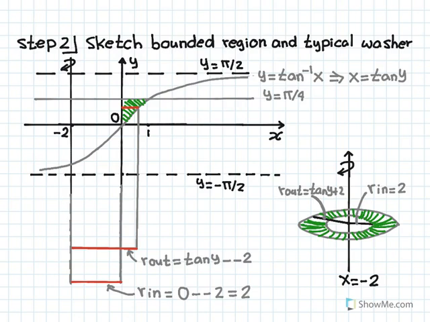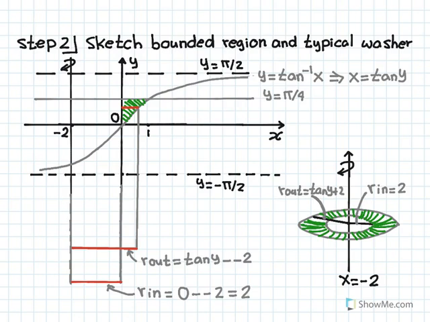All right, so now let's look at sketching the bounded region and a typical washer. So here we have the graph of arctan x. The graph of arctan x has horizontal asymptotes y equals pi over 2 and y equals minus pi over 2. And also, the most important part here is to define the outer radius and the inner radius. The outer radius is the distance from the axis of rotation, which is x equals negative 2, to the farthest point on a slice that we've drawn.